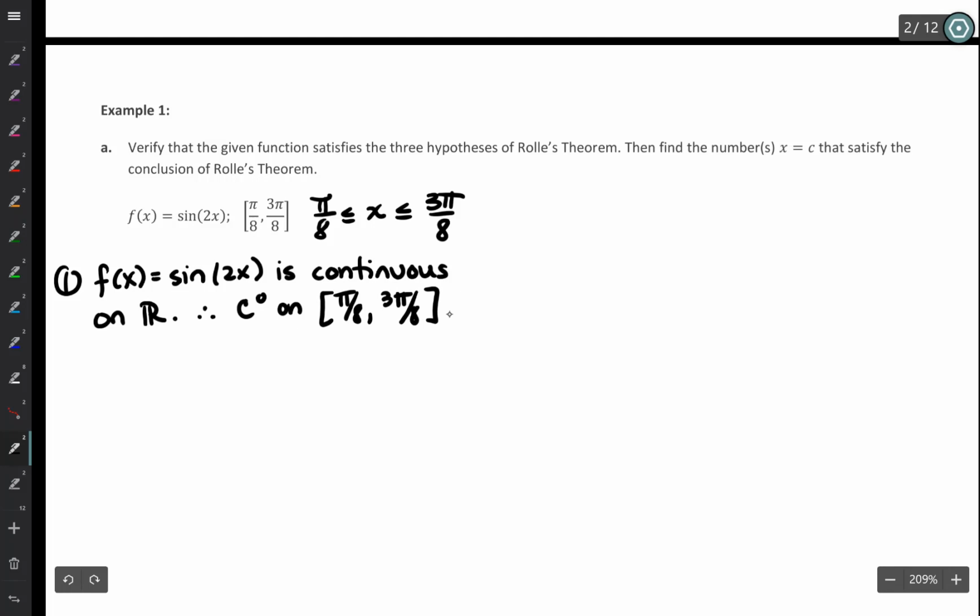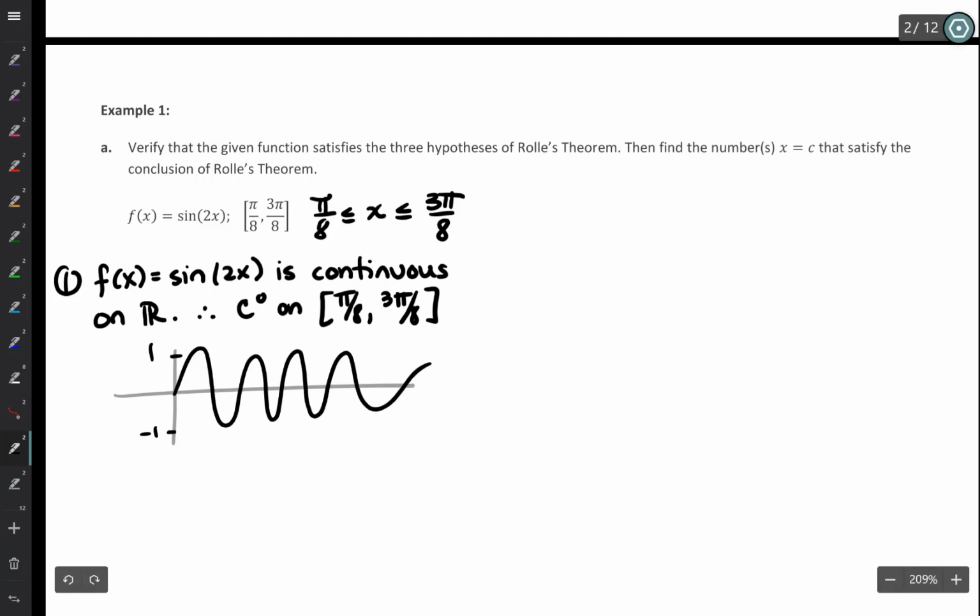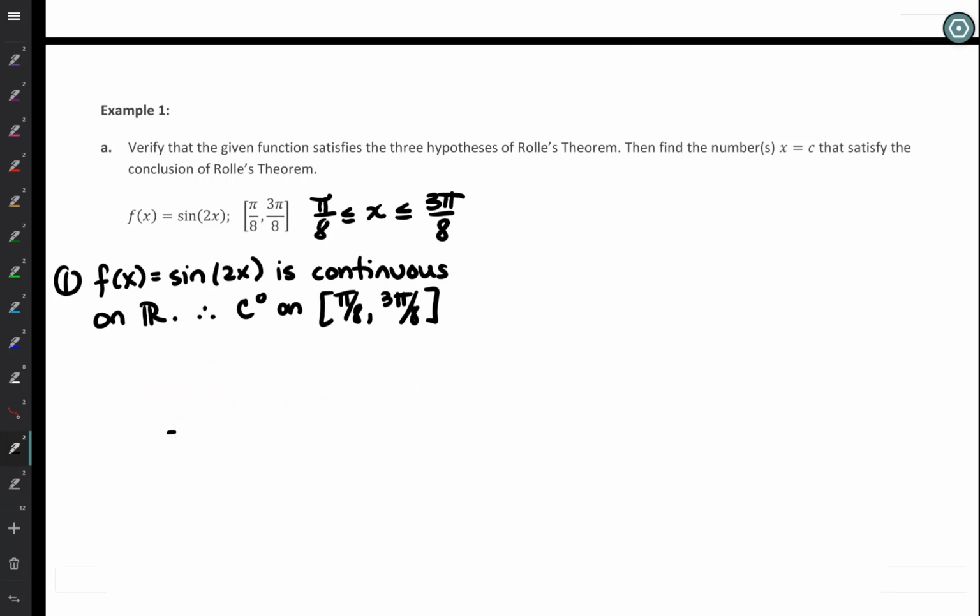So it's fine to just say that. The graph of sine of 2x, sine is bounded between -1 and 1. There's some period stuff happening here, but there's no place where you're having to pick up your pencil to draw a sine curve. So number 1 hypothesis is really just a matter of stating it.